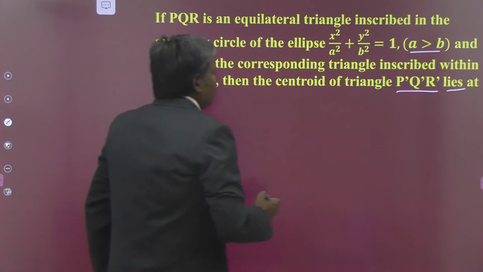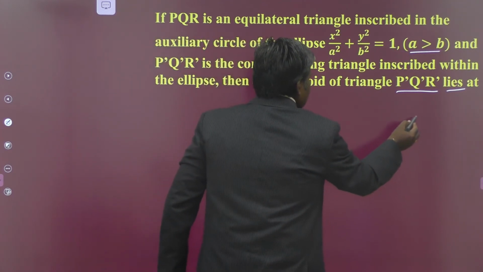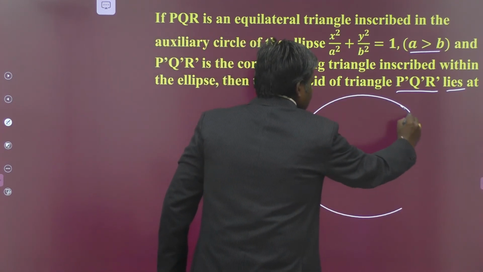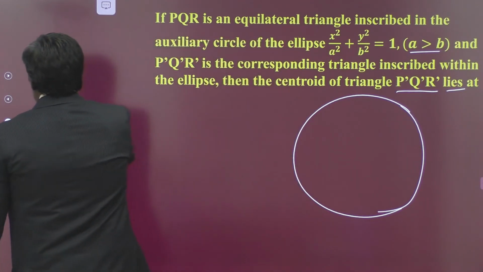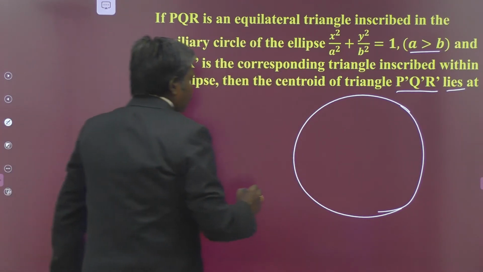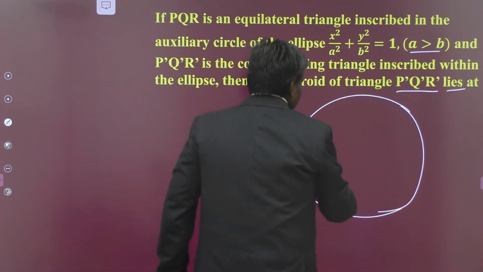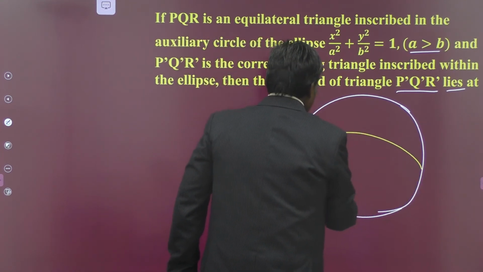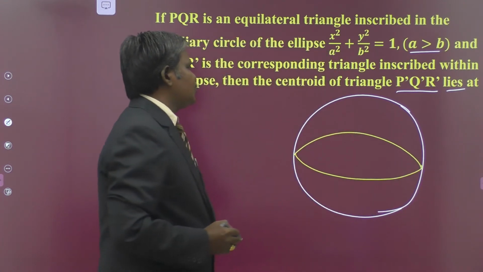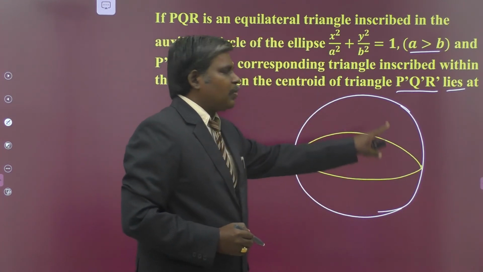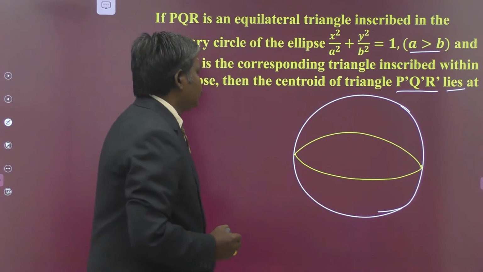Okay. Now this is the auxiliary circle of the ellipse, and we draw the ellipse for this auxiliary circle. Suppose this is my ellipse, and it is its corresponding auxiliary circle.